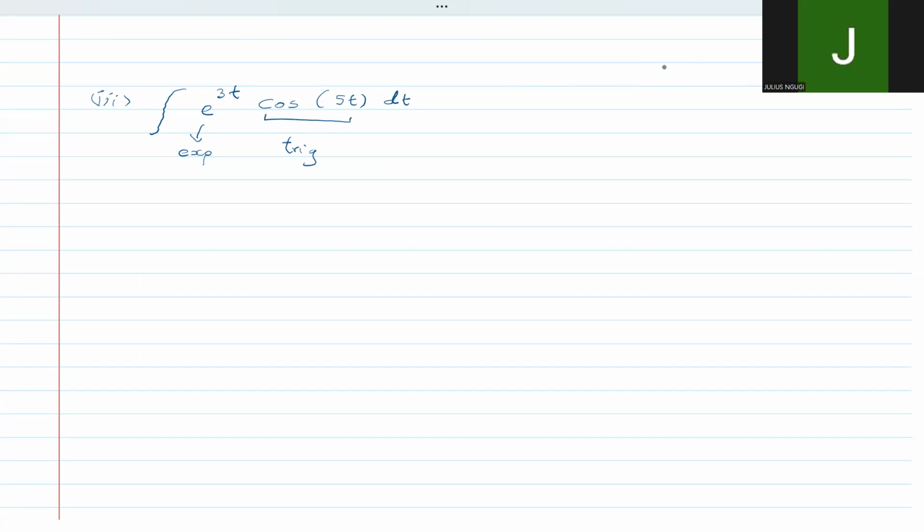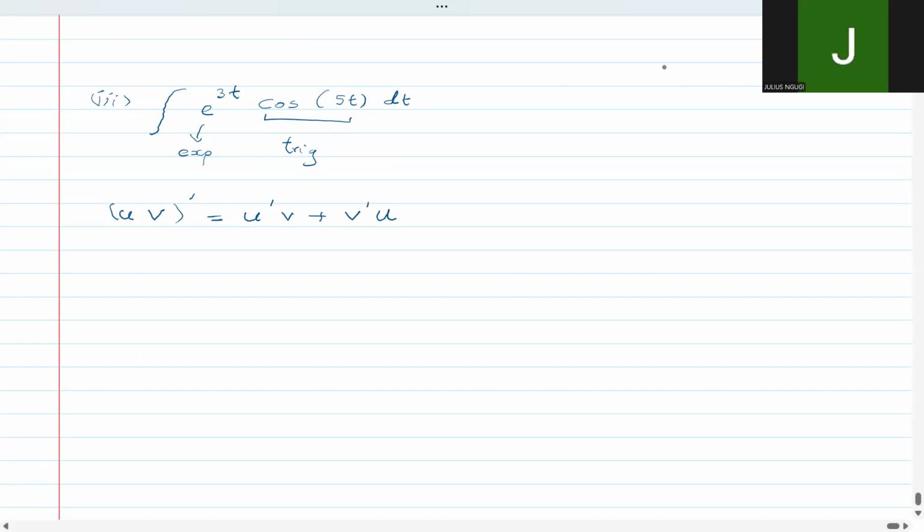Integration by parts: if you recall, if we have two functions multiplied together, u and v, and we find their derivative, because we want to derive the formula for integration by parts, this is the same as the derivative of the first function, fixing the second one, plus the derivative of the second function, and then attach the first one.